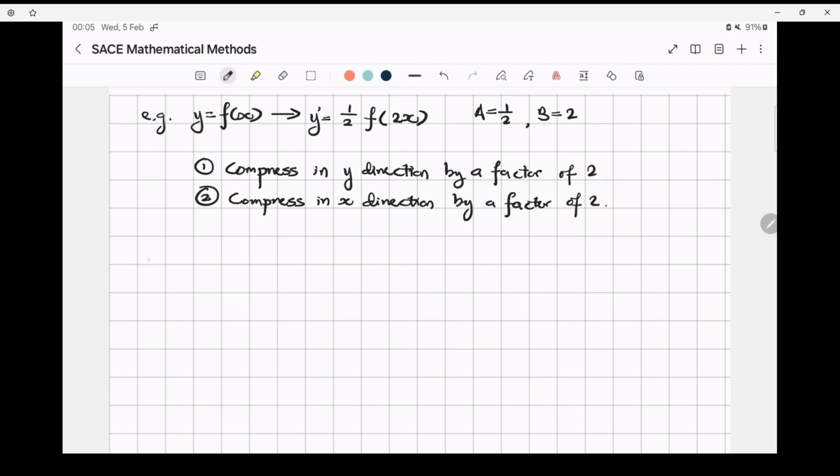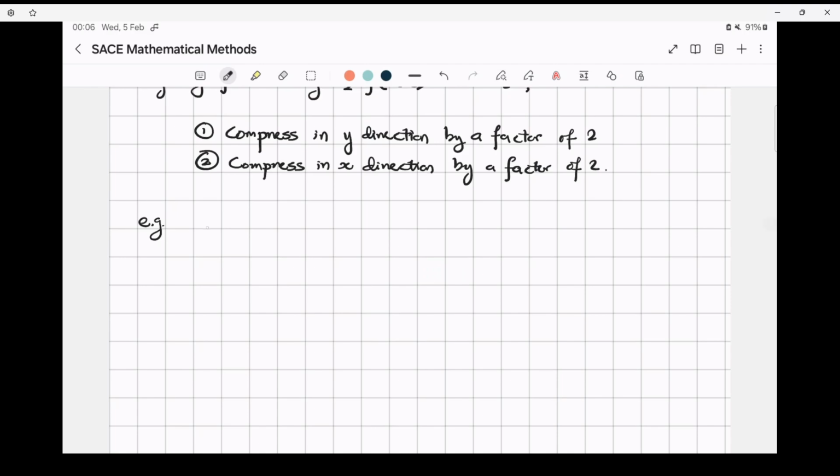Especially when those transformations involve a specific direction, for example, if you stretch in the y direction by some factor and then you move up by some units, it does not equal to when you move up and then you stretch. So let's look at one example.